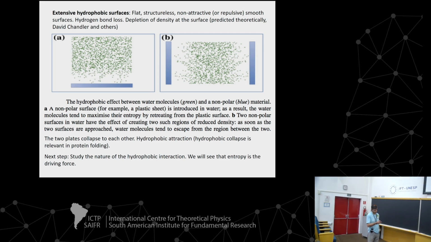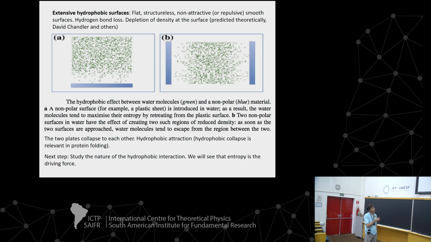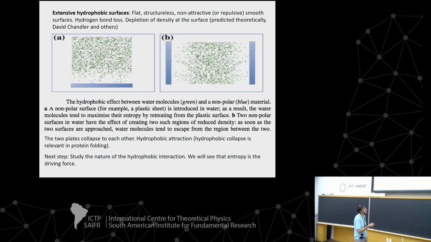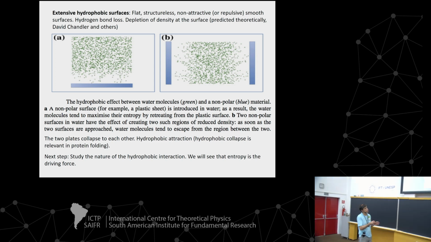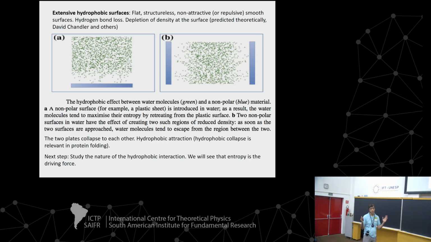There are several theories that predicted that there would be some kind of depletion of density at the surface, and it is what is seen here. This is a plastic system, and water molecules don't like to be close to it. You're going to see here a region of density depletion. When you have two of these plates, you see this at the two sides, and at some point they are going to collapse.